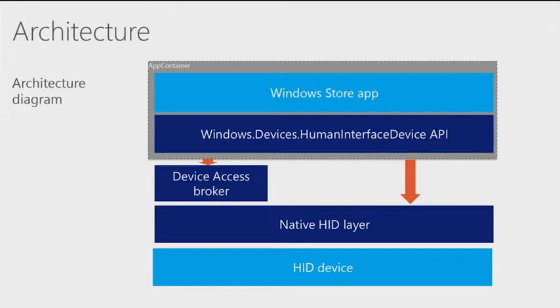The runtime layer, which is the API layer, talks to the native HID layer, which encompasses the Win32 libraries as well as the class drivers. There are a bunch of kernel mode components, and all the way to the bottommost layer of the cake, which is the device itself.